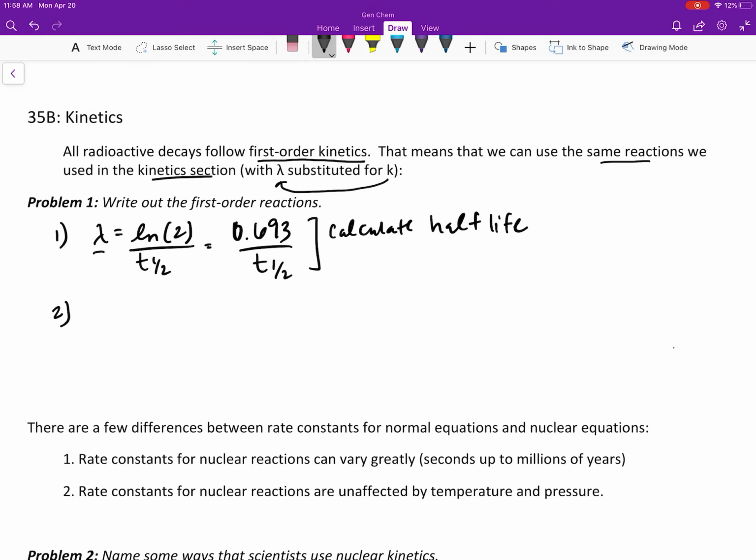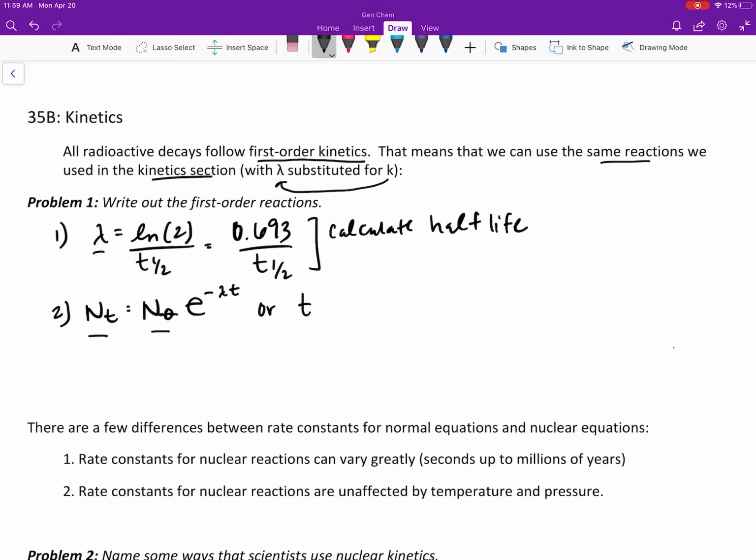The second is one of our integrated rate laws, which is if we start with a certain amount and we know how much we have, or we want to know how much we have after a certain amount of time has passed at a certain decay rate.